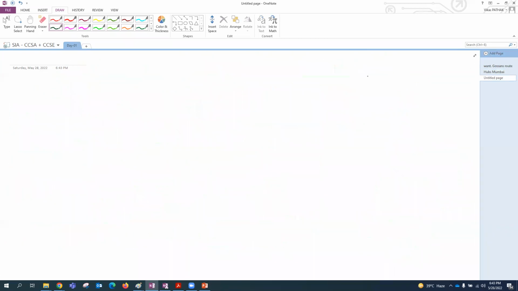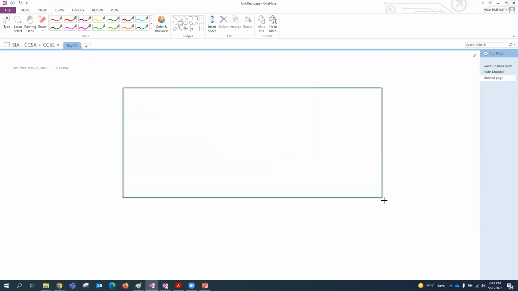We have certain things inside the firewall. For example, let's suppose this is my checkpoint firewall box. Let's suppose 4600, an older model, or maybe 5200.